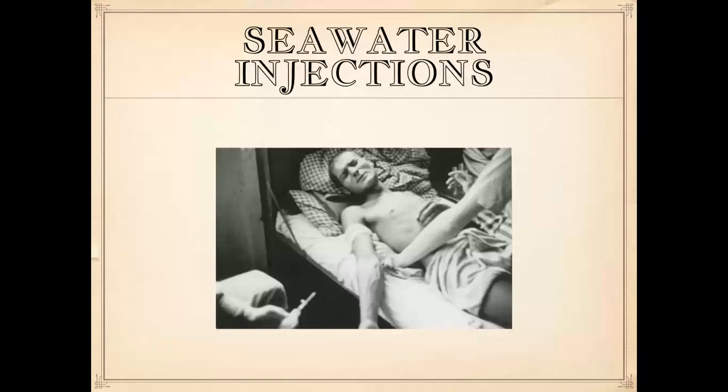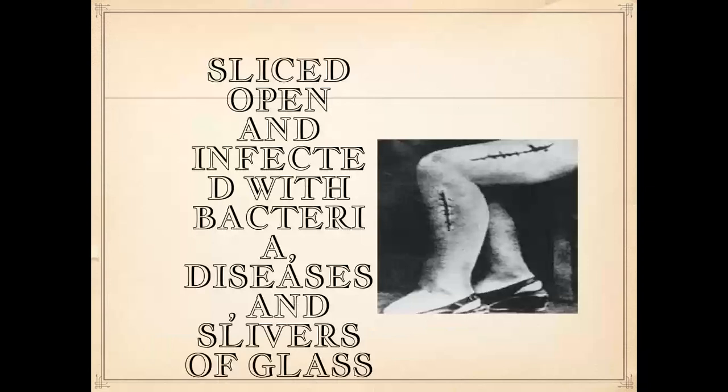They would also experiment with how long you could live with different injections or bacteria in your body. They would slice you open and put bacteria and diseases into your body. So again, they would experiment that way to get data.